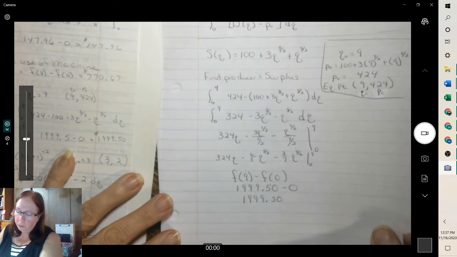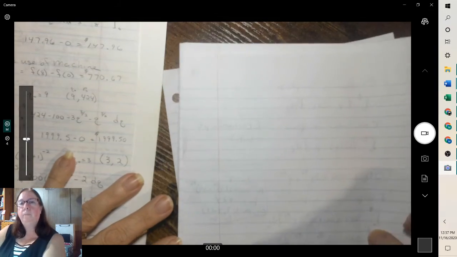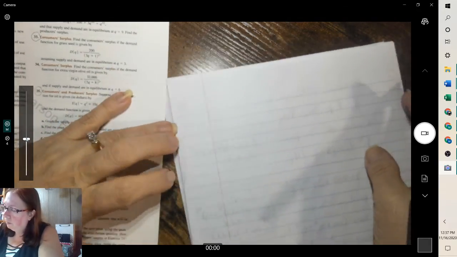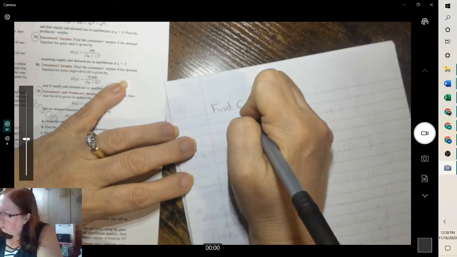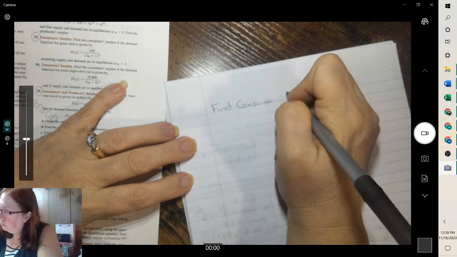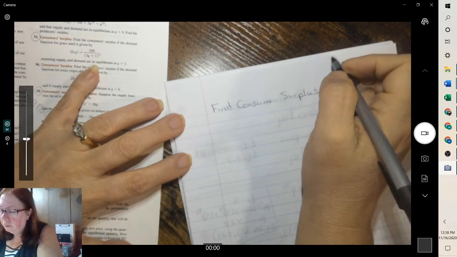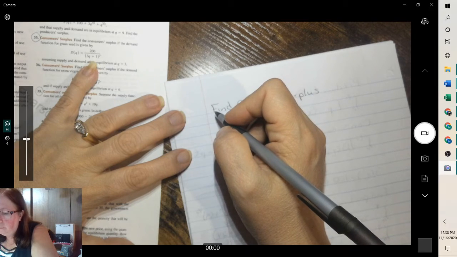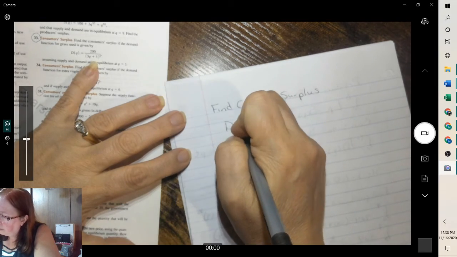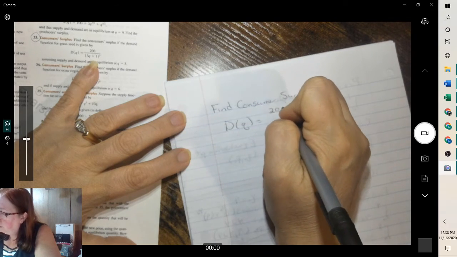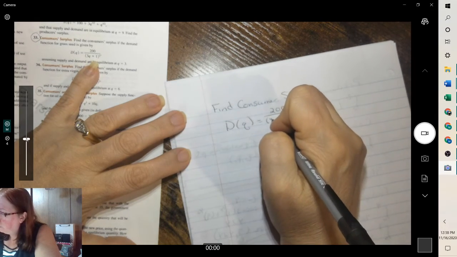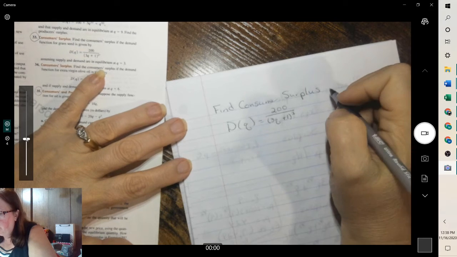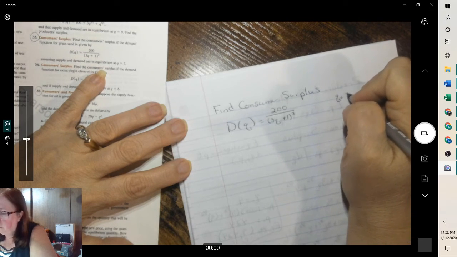Okay, let's try a consumer surplus. Find the consumer surplus if the demand function for grass seed is given by D of Q equals 200 over (3Q plus 1) squared, assuming supply and demand are in equilibrium at Q sub 0 equals 3.